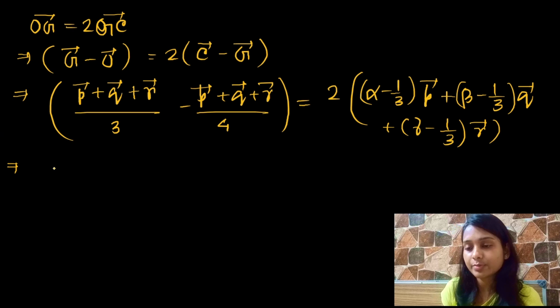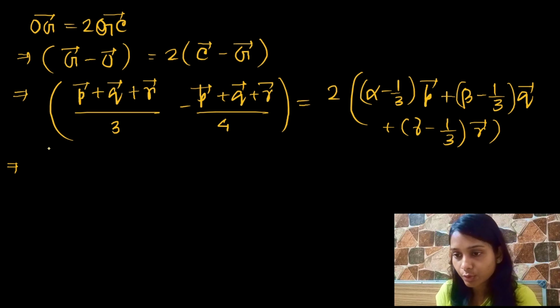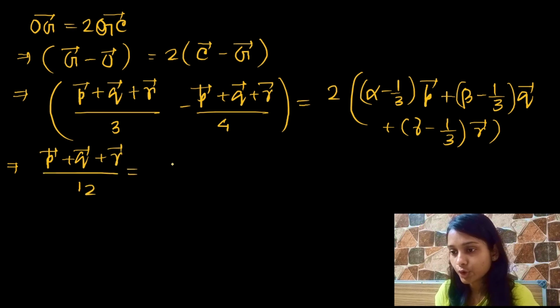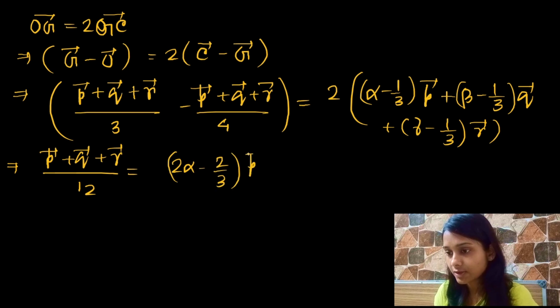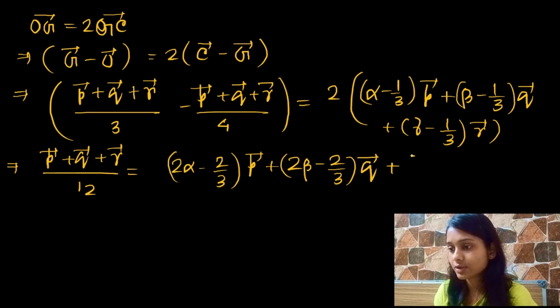If we simplify these, we obtain 4 into this minus 3 into this, and the LCM will be 12. So it will give p plus q plus r divided by 12 equals 2 alpha minus 2/3 p plus 2 beta minus 2/3 q plus 2 gamma minus 2/3 r.